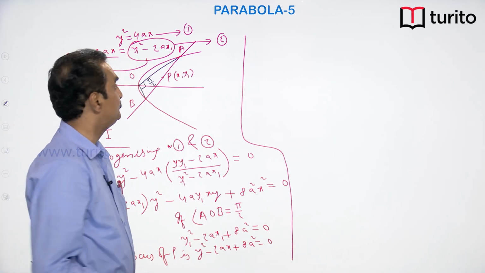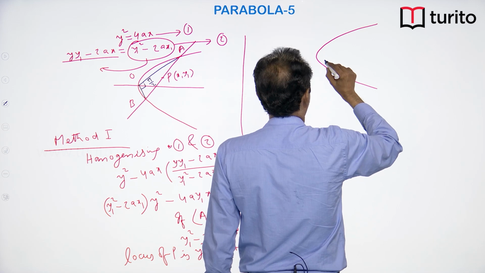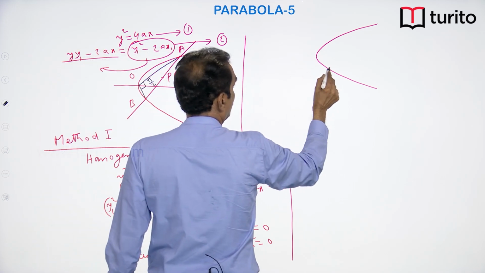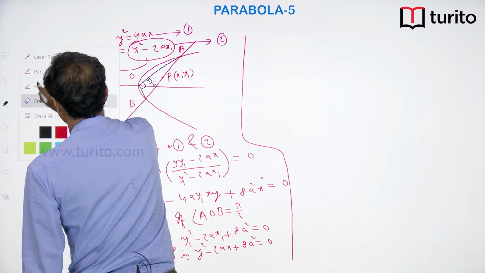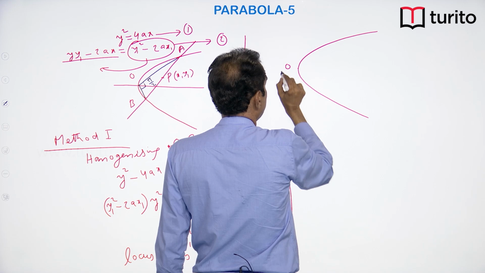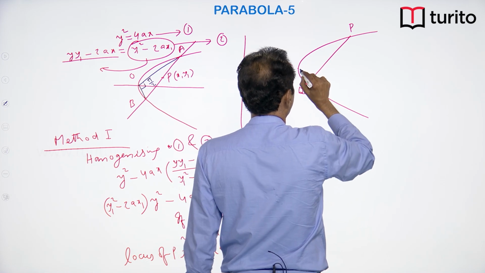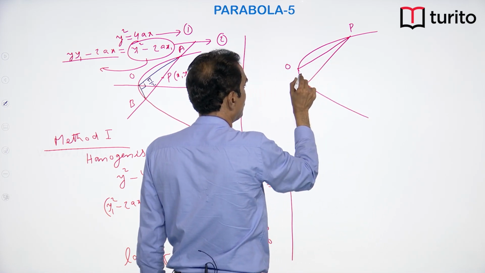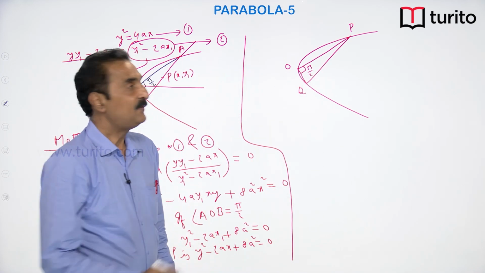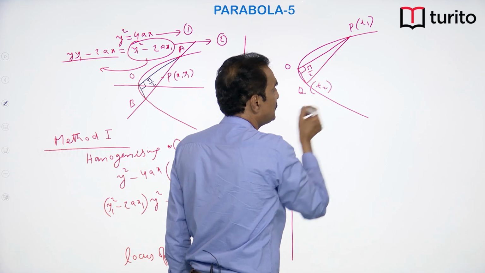In this method, again take the diagram. This angle is pi by 2. I will take P and Q parametrically, P of T1, Q of T2.